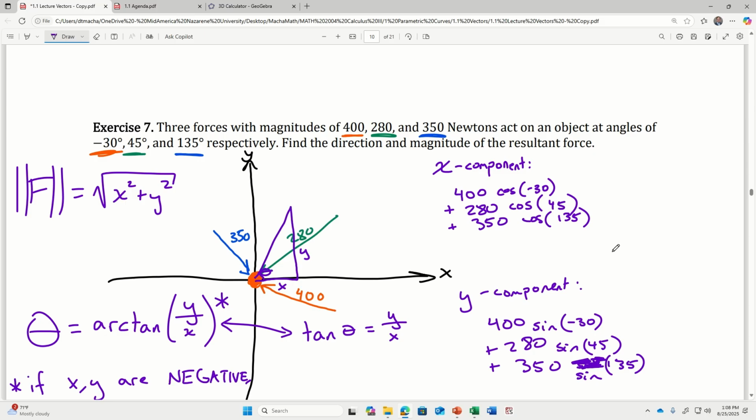I don't know what the right answer is because I'm not a physics teacher, so I don't really deal with this very much. This is the one physics related question I do all year. And so I don't know, if I say it acts on an object at an angle of blank, if the physics convention is having it arrive at that angle or if it's supposed to be something else. I don't know.